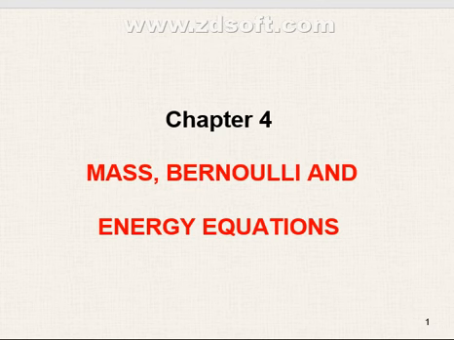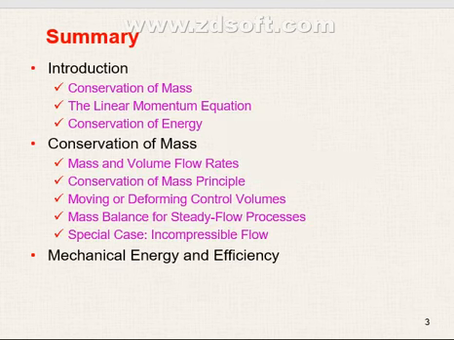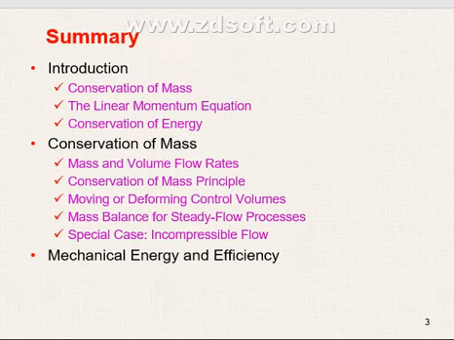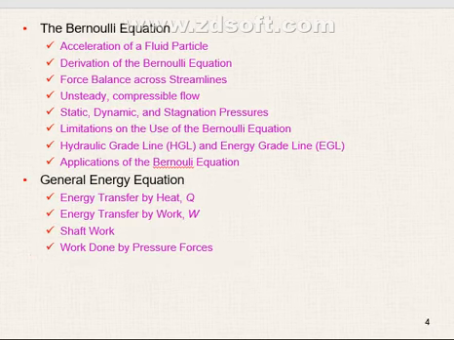So we have three main sections in this chapter. Conservation of mass: I'll give you just a general introduction, very simple, something you studied in physics. Then we will have something about mechanical energy and efficiency, right? Then we will speak about the Bernoulli equation in detail.